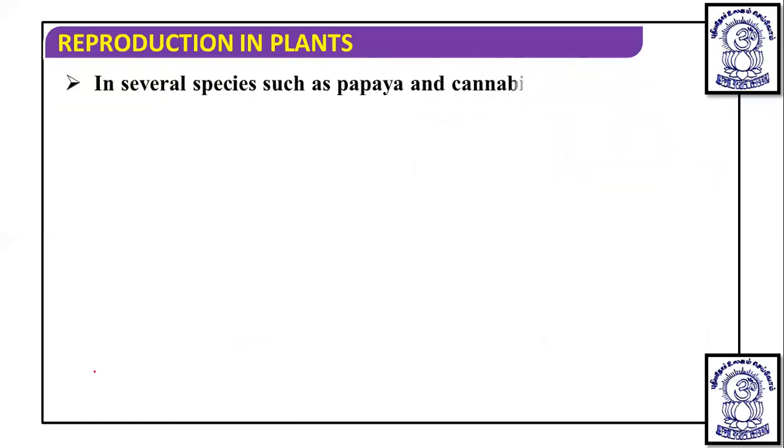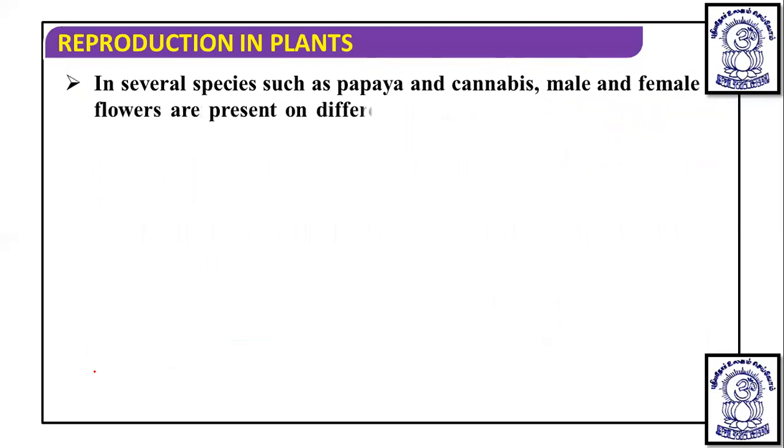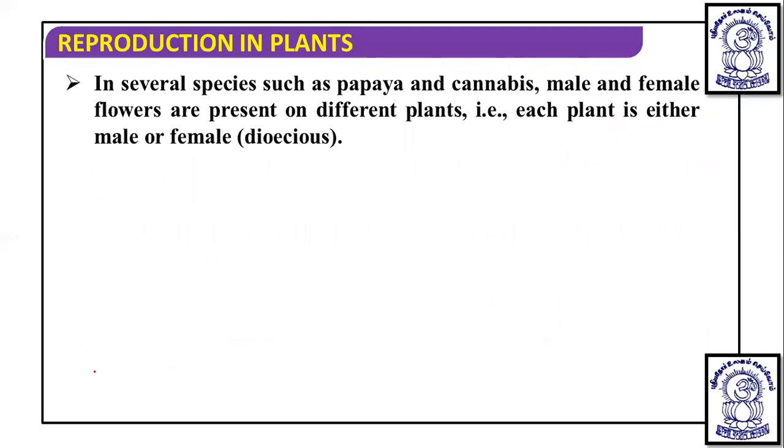Apart from that, we have the dioecious condition. In the dioecious condition, male and female flowers are present on different plants. So there is no chance of autogamy, and no chance of geitonogamy. So this dioecious condition prevents both autogamy and geitonogamy.